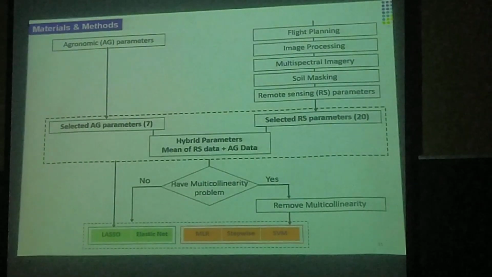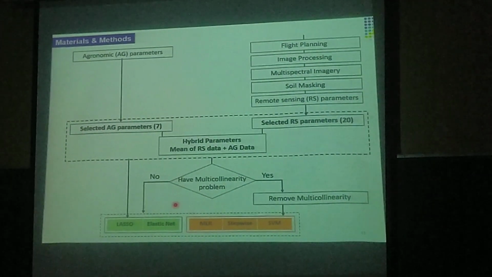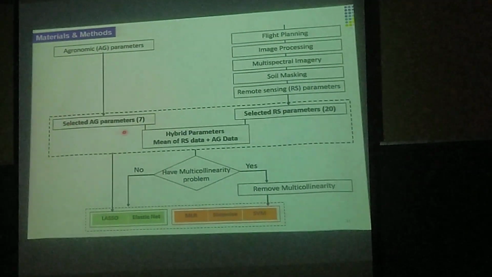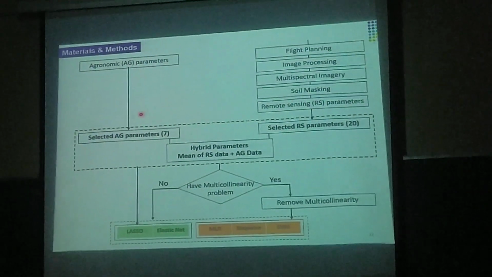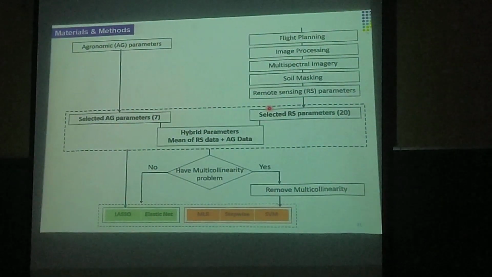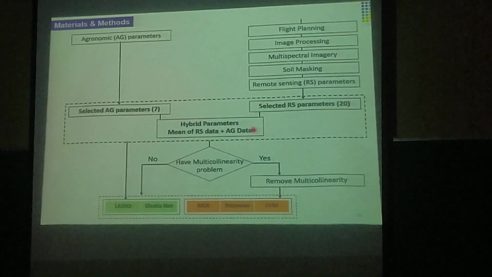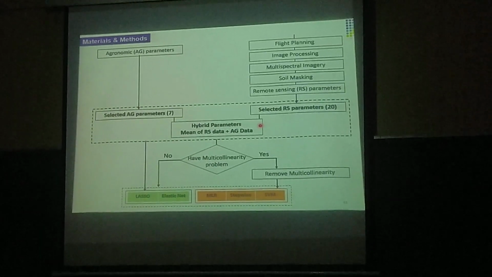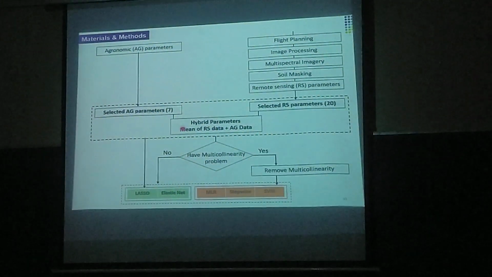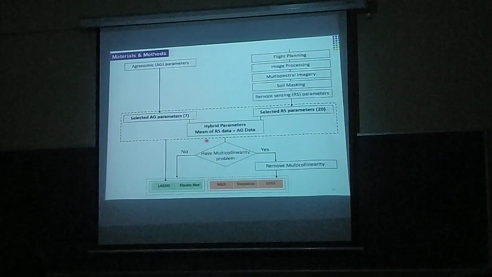Among all the data, we have selected the best 7 agronomic parameters and 20 remote sensing parameters, and hybrid data, which is the combination of the mean remote sensing parameter throughout the cotton season and the selected agronomic parameters.